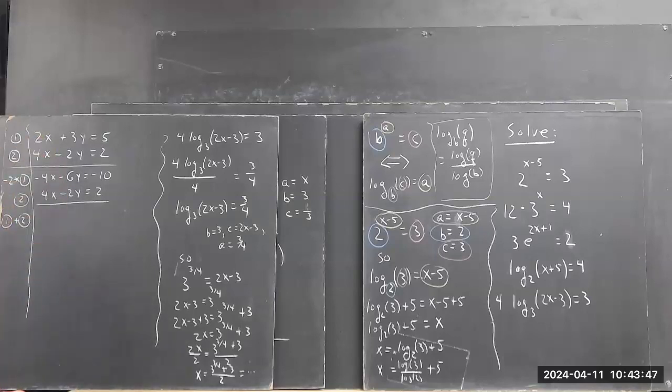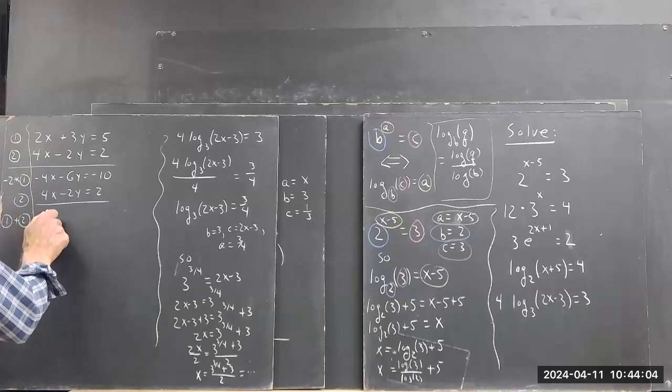Why did I do that? Well, now if we add these things up, we have -4x and 4x. Whatever 4x is, this is the negative of it. If I add the negative of a number to a number, I get 0. -4x plus 4x is 0.